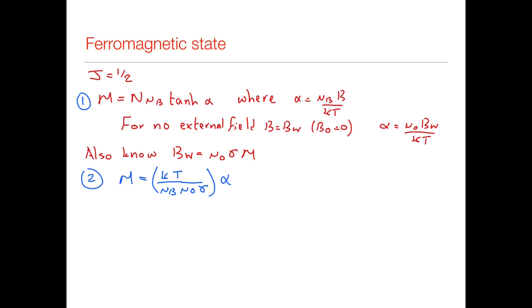I've got two separate equations that relate M to alpha. So how do we solve them? Well, a very intuitive way is to think graphically. So here we have some axes. Let's call this M and this alpha. Let me plot in red equation 1. We're going to get something like this because it's just a tanh function.